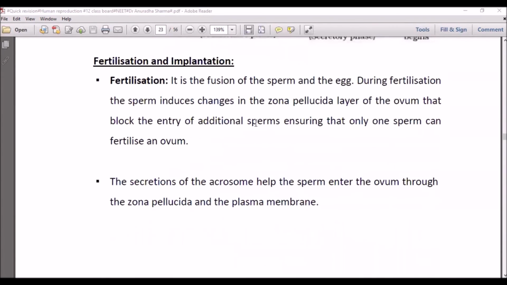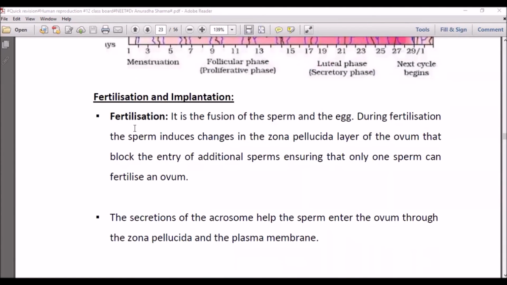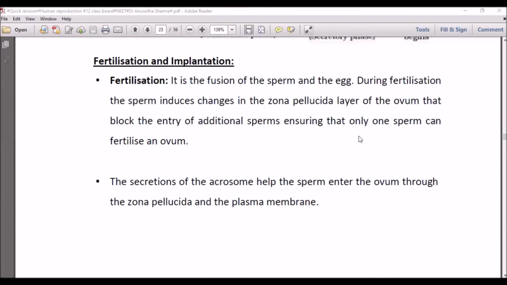Now we will study how fertilization and implantation occur in the uterus. We know that fertilization is basically the fusion of sperm and the ovum. So the ovum and sperm fuse and fertilization occurs. During fertilization, the sperm induces changes in the outermost zona pellucida layer of the ovum, and it blocks the entry of other sperm so that only one sperm can fertilize the ovum.